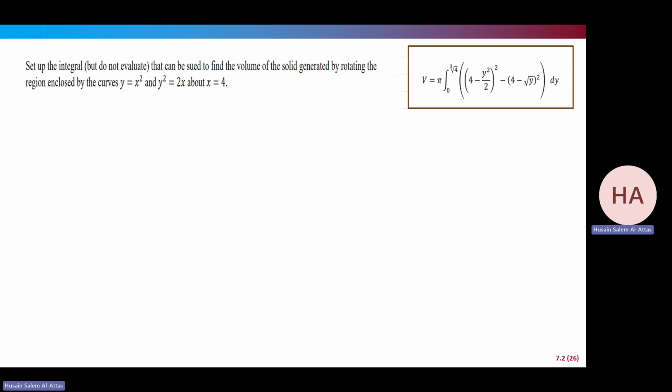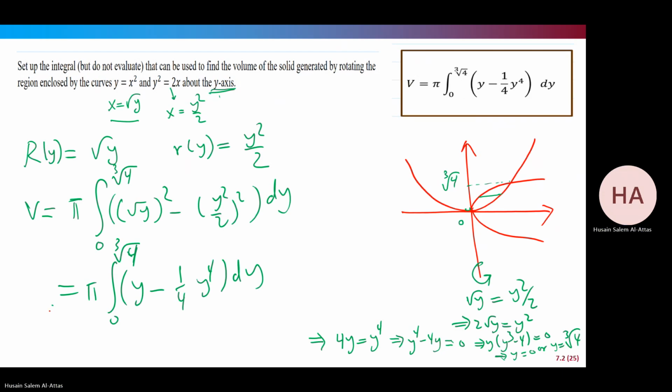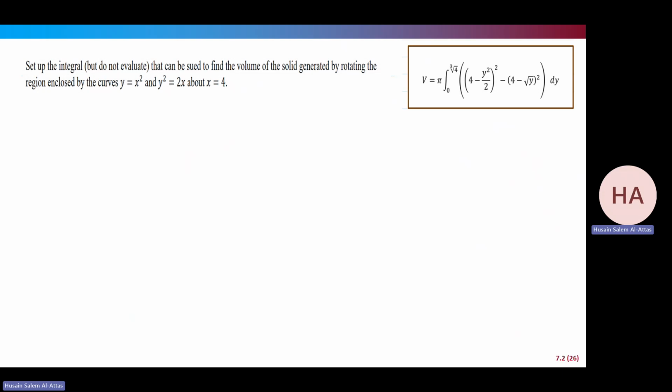To do this one: set up the integral, do not evaluate, for y equal x squared, but about x equal 4. The same problem, but about x equal 4. So I have the same graph to start with. Let me do the graph.